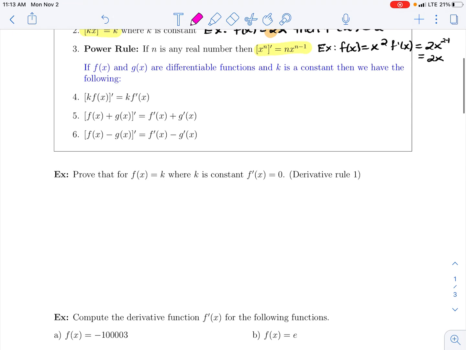So before I even get to that, I'm just going to side note to you guys that I know that f of x is equal to k, but f of x plus h is also equal to k, since whatever my input is, the output will always be k.